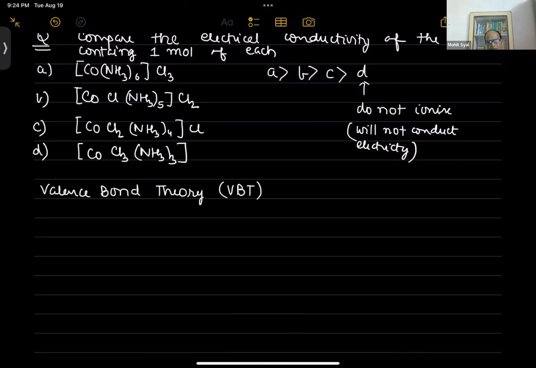VBT. So what is VBT all about? Valence bond theory.